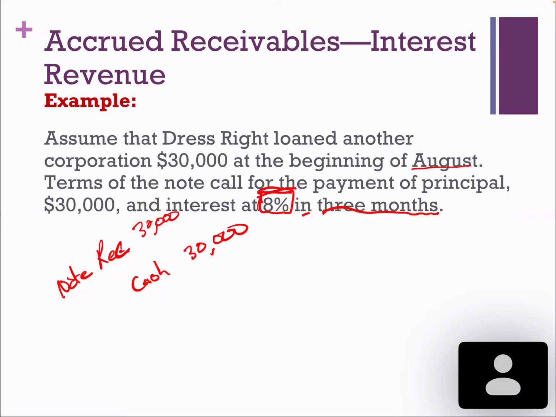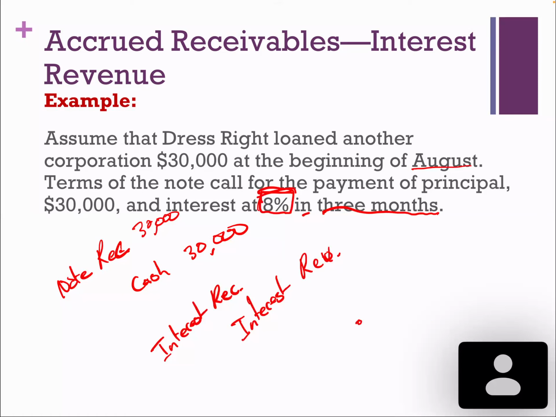Our adjusting entry is going to be, now we're accruing interest, so we need to debit interest receivable and then credit interest revenue, right? Because we're earning interest as time goes by. I think this is just for a month again.